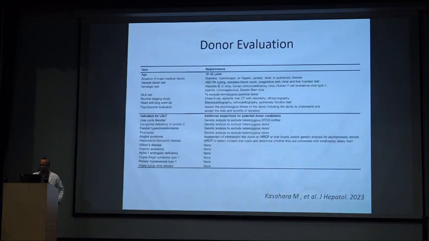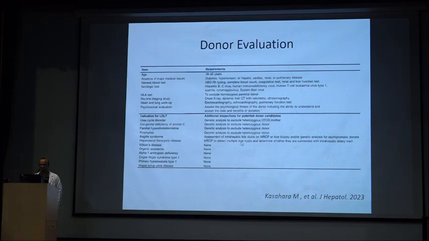So the donor evaluation protocol, as we follow in the first part, second part, specific to the disorder. Urea cycle disorder, genetic analysis to exclude heterozygous OTCD mother. Then congenital deficiency of protein C, to exclude the heterozygous donors. Same for familial hypercholesterolemia, porphyria.